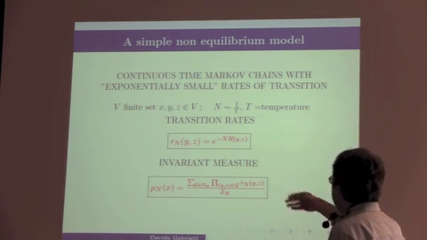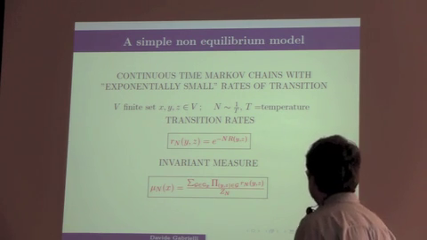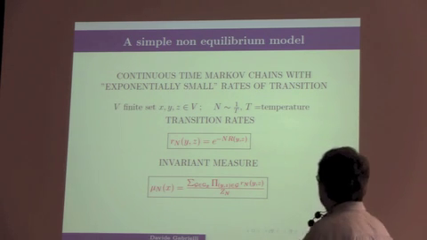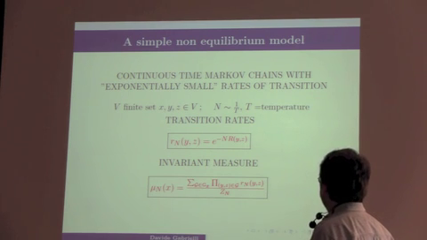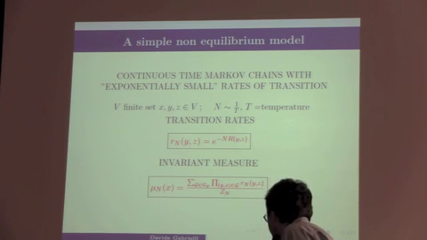So the invariant measure has this combinatorial representation. There is a sum over a class of graphs that I will illustrate now. And then there is a product over all the edges of the graph of the rate R_n. And then there is a normalization factor that I call just zeta of n.